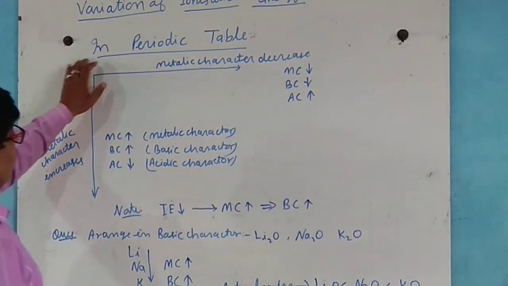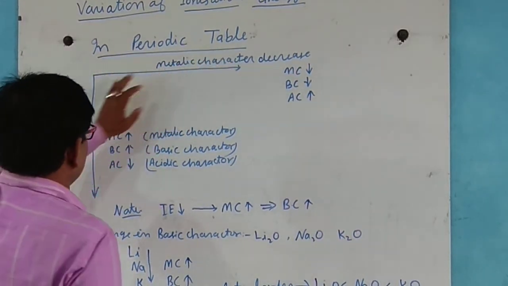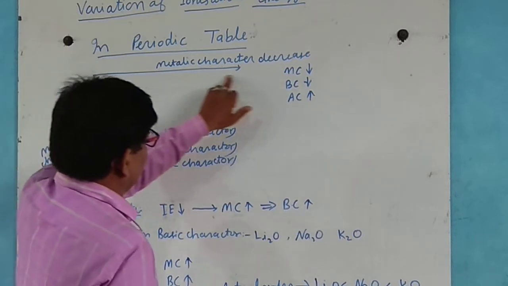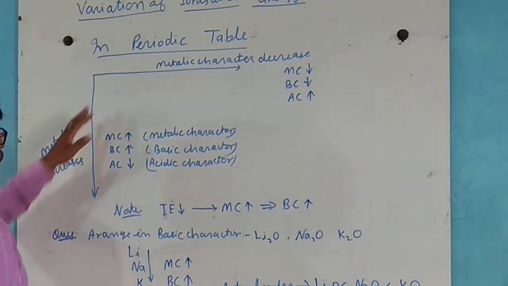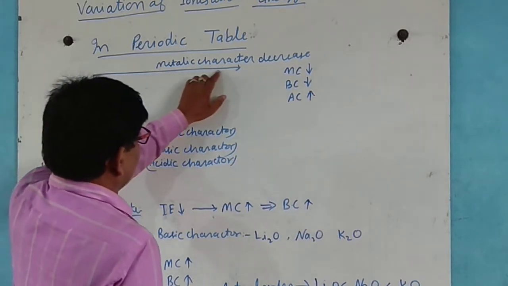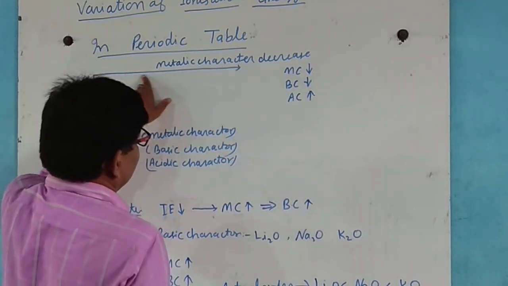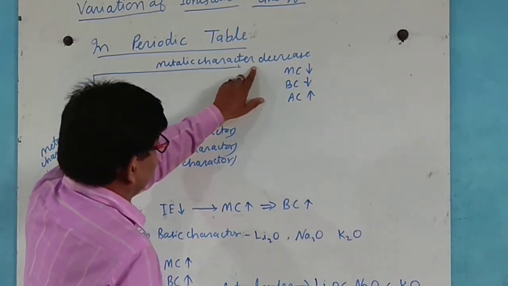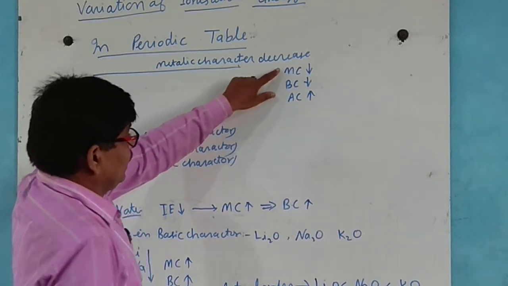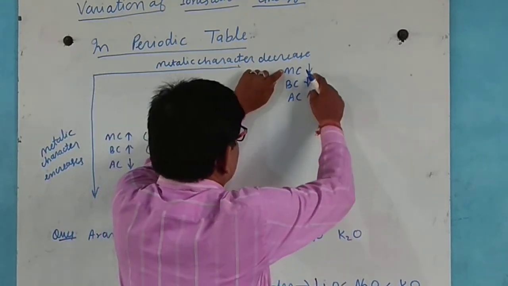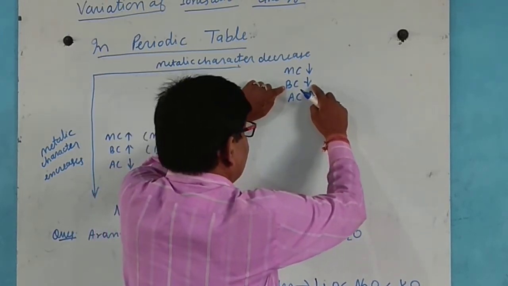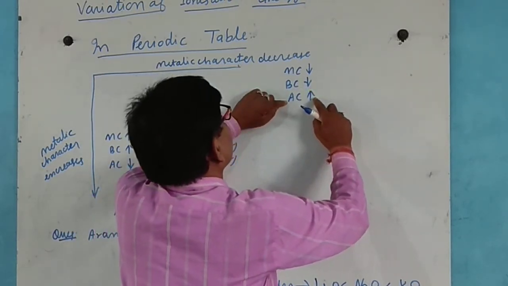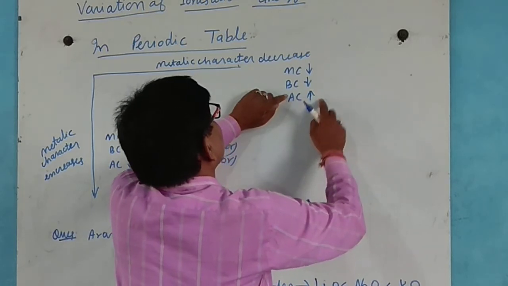Now in the periodic table, this is the period and this is the group. Along the period, metallic character decreases. Basic character also decreases and acidic character increases.